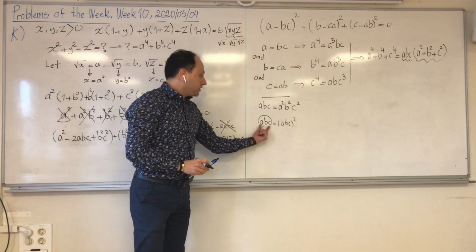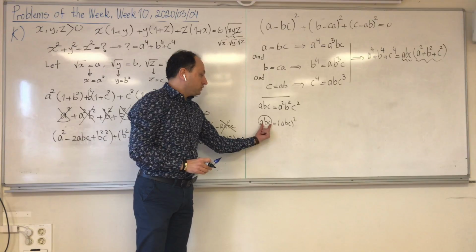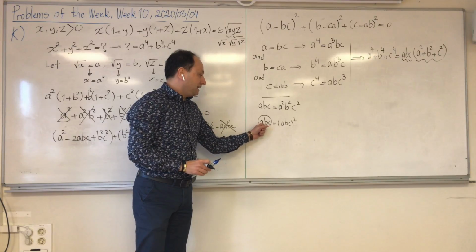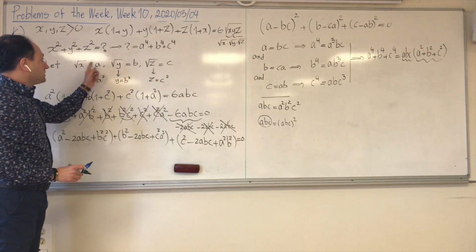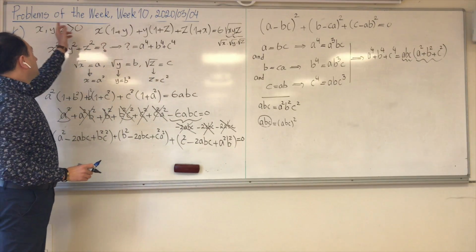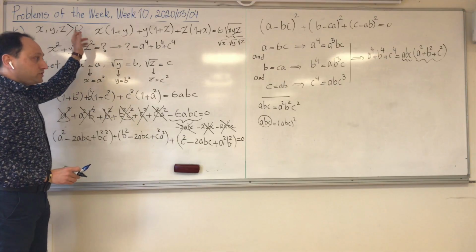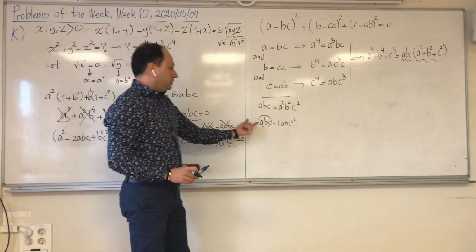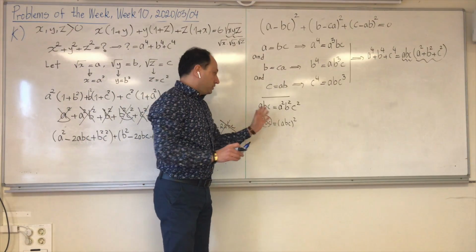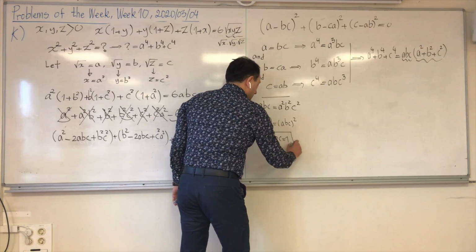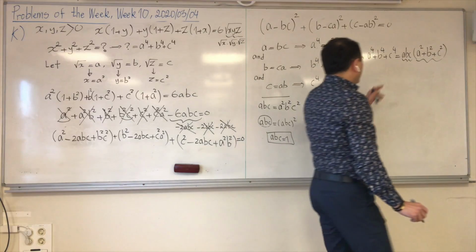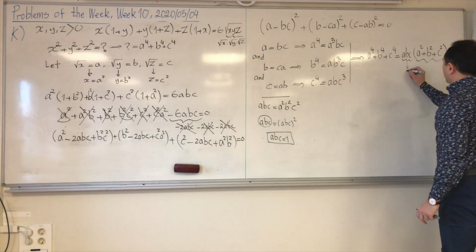But the number cannot be 0, because if this number is going to be 0, it means that at least A, B, or C is 0. So it means that at least X, Y, or Z is 0. But X, Y, and Z are supposed to be positive numbers, so it is not possible for this product to be 0. So the only thing that's happening is that ABC is equal to 1. Okay? So ABC in this is 1.